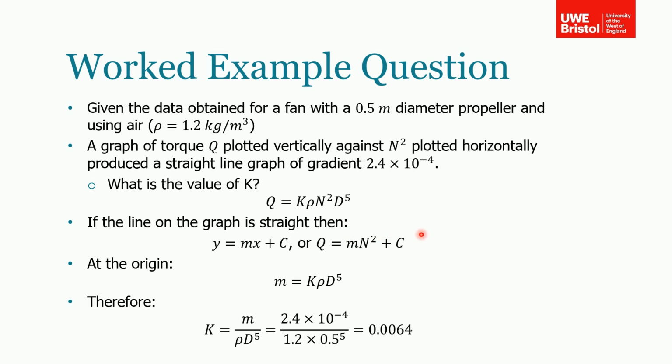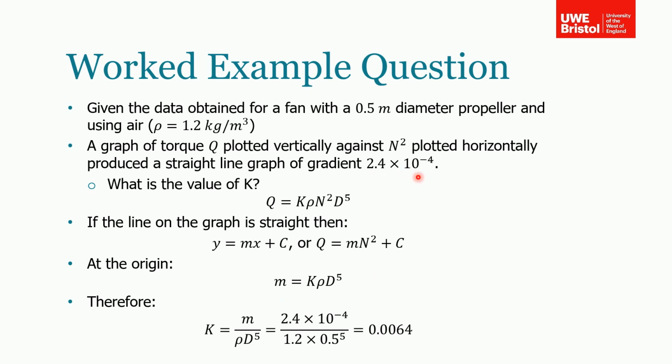Now at the origin, we'd expect it to go through 0, so we expect that if there's no rotational speed, there's no torque, so c is 0. So we expect the gradient m to be equal to k times density times d to the 5 for this relationship to be true. So we want to find k, and we know what the gradient of the line is.